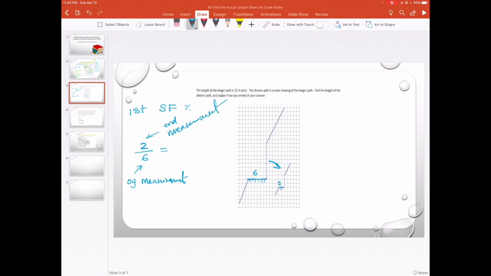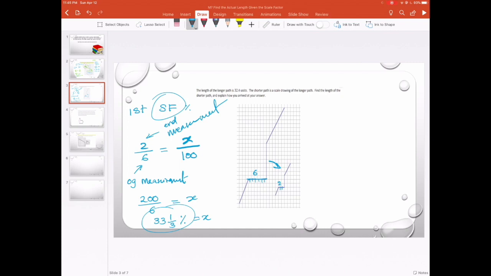Beautiful. Now I have x over 100. Now simplify this: I'm going to get 200 divided by 6 is equal to x as a percentage. Let's divide 200 by 6. It's going to give me 33 and 1/3% is equal to x. And now this is my scale factor.